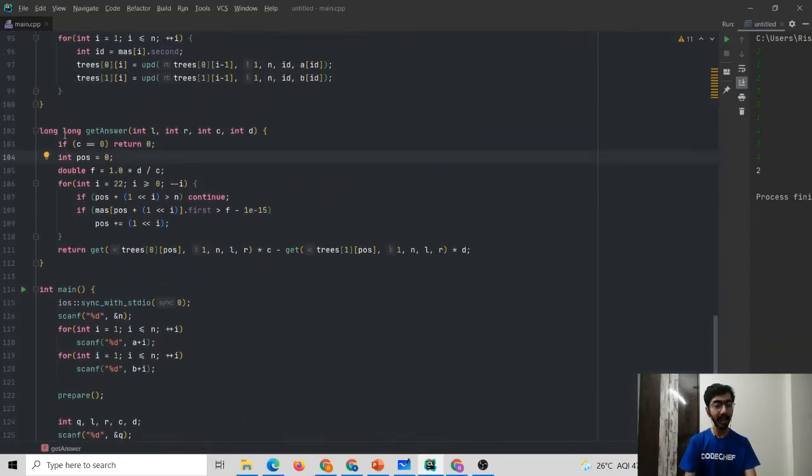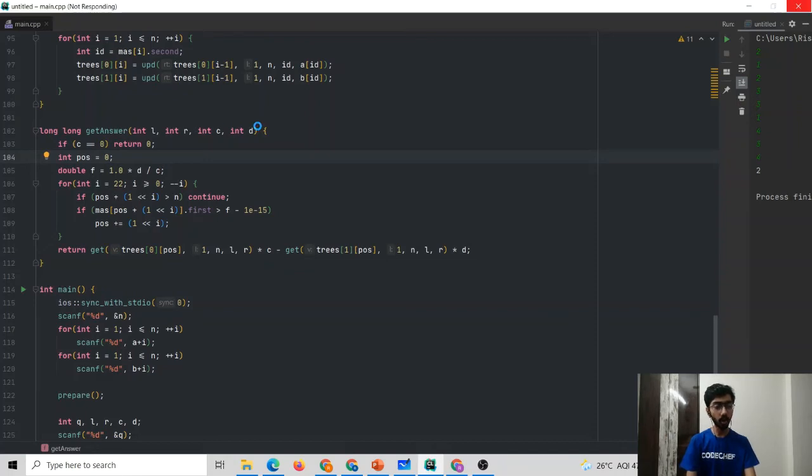In order to find the answer for L, R, C, D, we first find the value of D by C. After we find the value of D by C, we apply binary search. This particular portion is binary search.